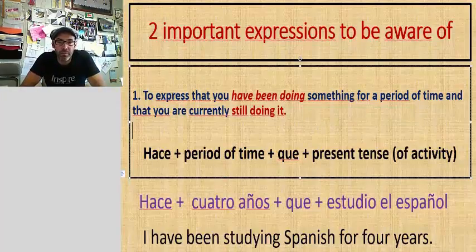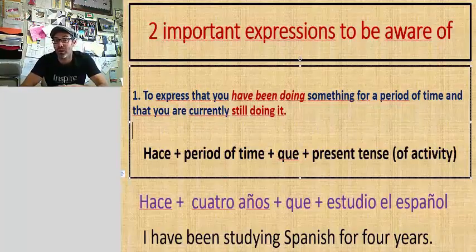The big difference is if I were to use the pretérito perfecto and say he estudiado el español por 4 años, what I'm saying is that I have studied Spanish for 4 years.